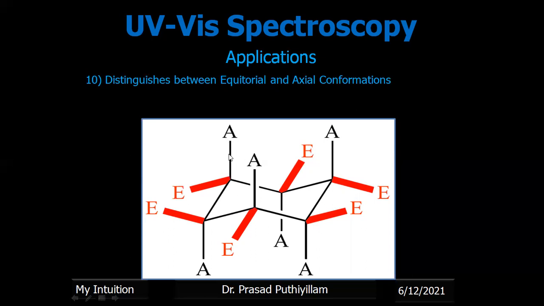Axial means the substituent present is in the same plane of the carbon. Whereas equatorial is away from that. It is represented as E as well as A. So equatorial and axial, now it is clear to you, I think.